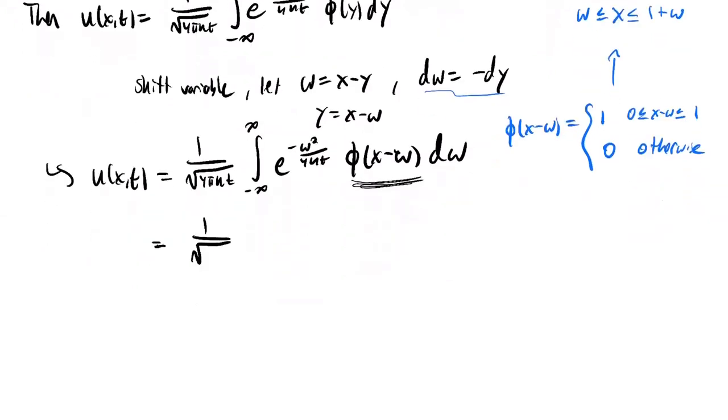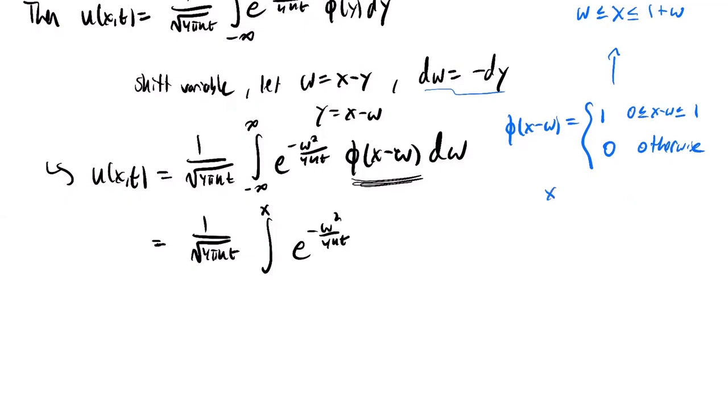So I end up with 1 over square root of 4 pi kt. And then I have an integral. Well, I'm only going to be integrating in the region where w is less than or equal to x. So the x should be up here, right? Because remember, w is my variable of integration. And then I also want a lower bound for w. Well, we can read off a lower bound for w from what I just derived up here, right?